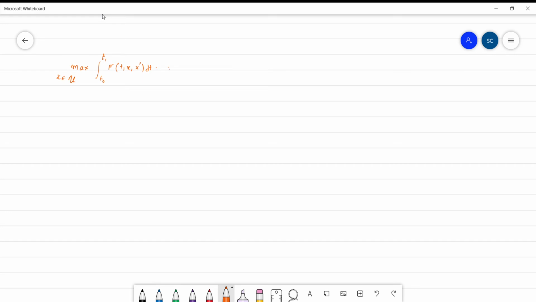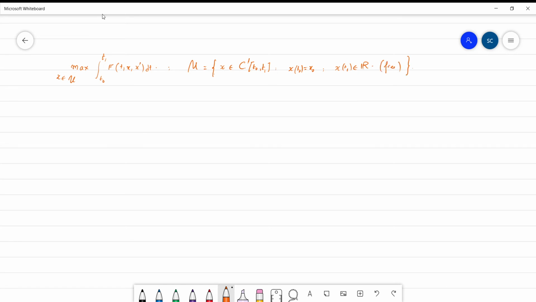This time, the set U is the set of C1 functions over the interval [t0, t1] that satisfy the initial condition x(t0) given, and x(t1) free. We call this the free condition.